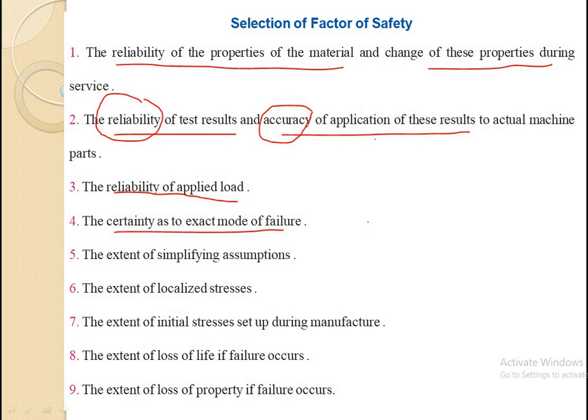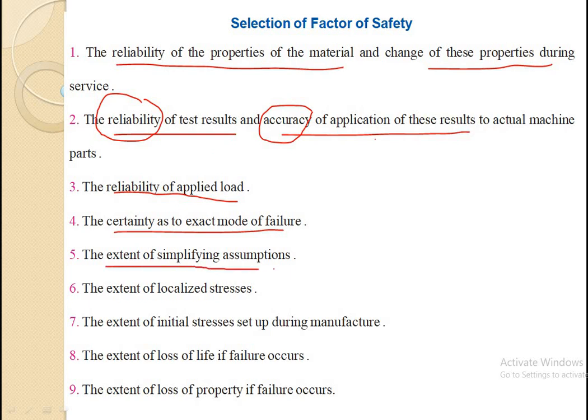That exact mode of failure should be known to us, and we should be certain about what the exact mode of failure of that component is. If we are certain about that, then we can consider a factor of safety for that kind of failure.